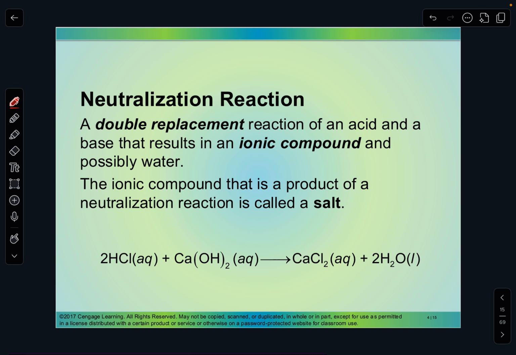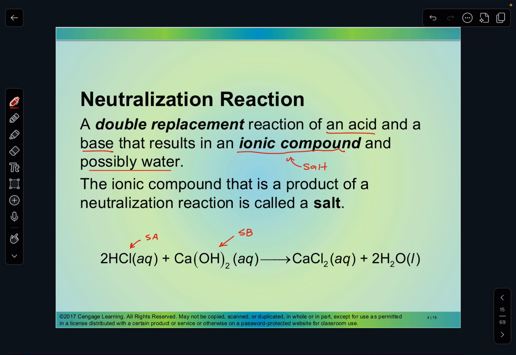Okay, so for a neutralization reaction, something that we've covered before, this is when you have an acid and a base that is going to result in an ionic compound, a salt. It says it down there, but I'll say it again, and probably water. And so we have a strong acid, we have a strong base.